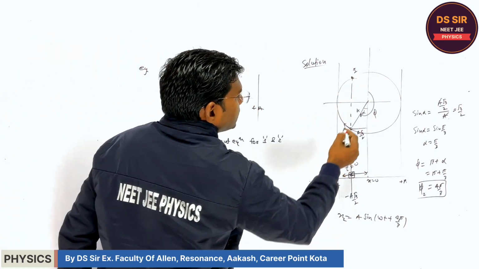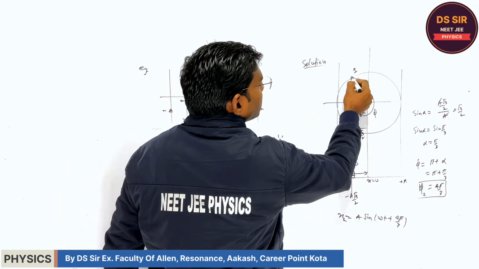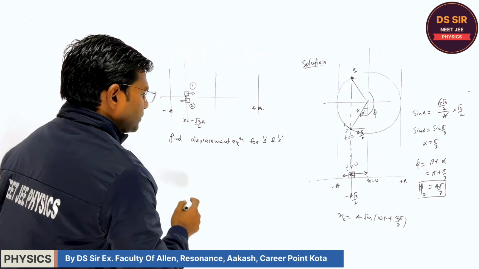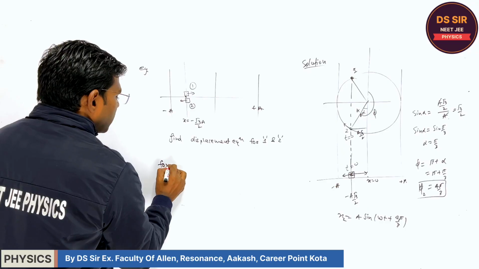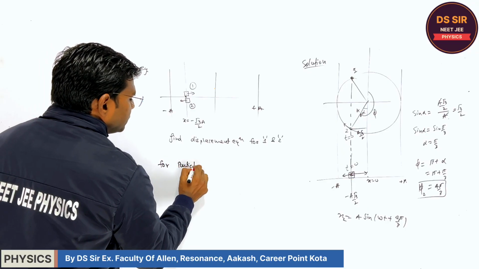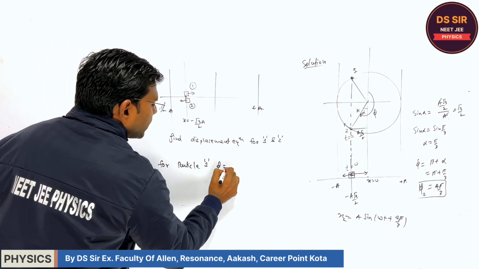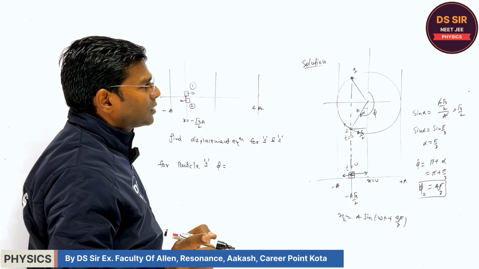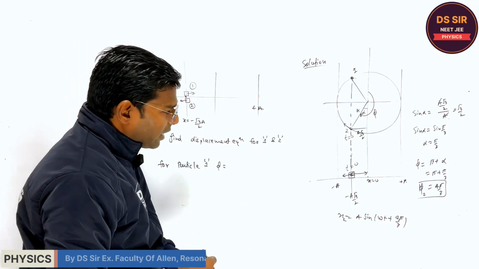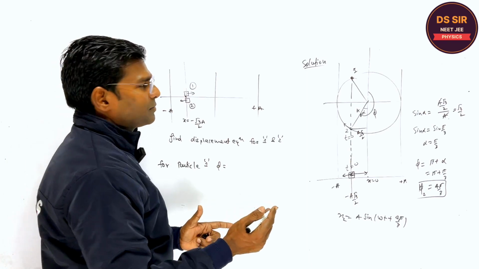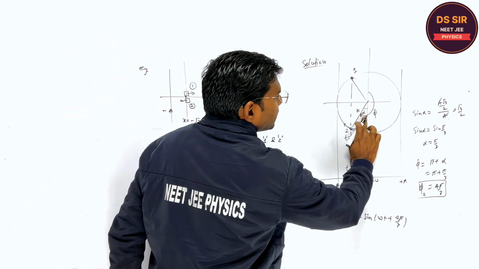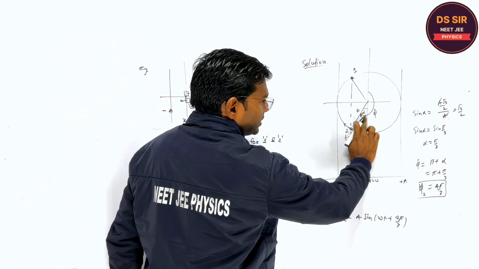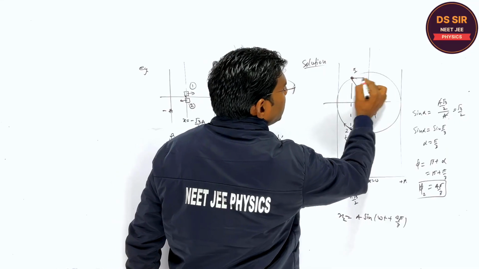What is the phase for the first particle? Tell me, for particle 1. Further simplified, if this is alpha, listen, this must be alpha.